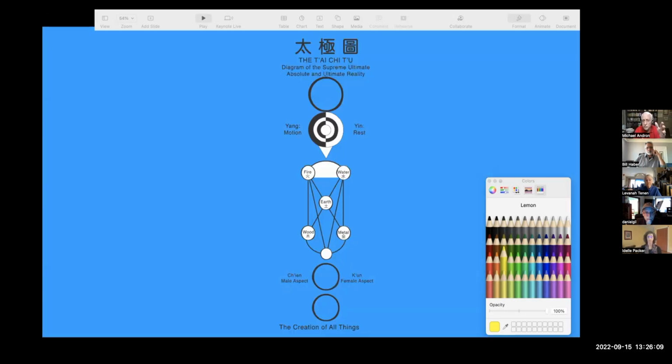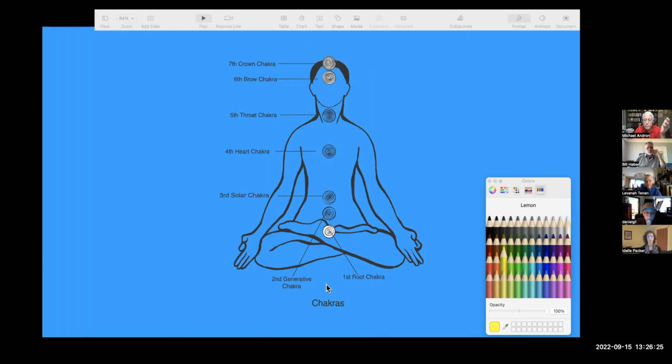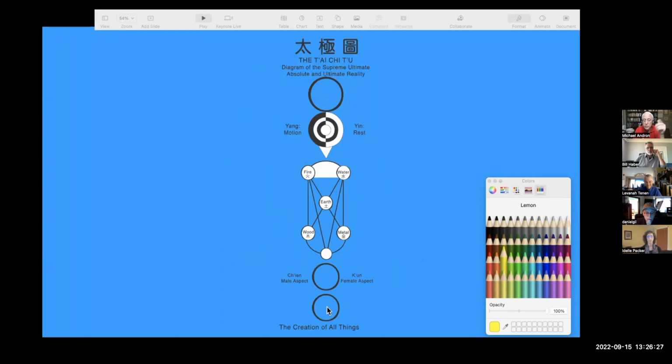In the Chinese martial arts and in Chinese philosophy, the Taiji Du, Taiji means supreme ultimate. This is the way they looked at the world. And you had 1, 2, 3, 1, 2, 3, 1, 2, 3, and this extra one.